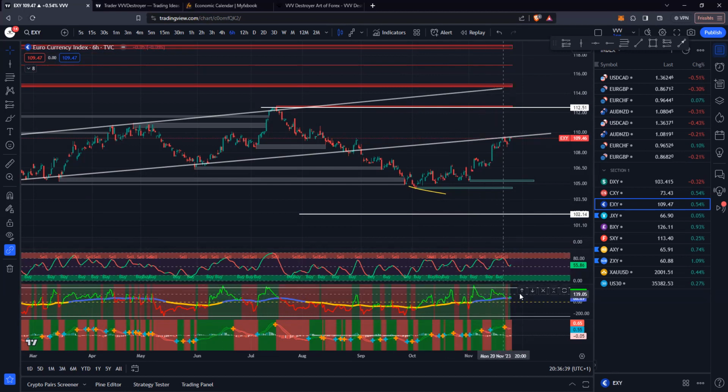Something is about to change, but right now, even if it happens, let's say we see a divergence forming and this goes to the downside. As you see on the VV Plus, we are far above the zero line, so it's going to take time to make a bigger impulse.